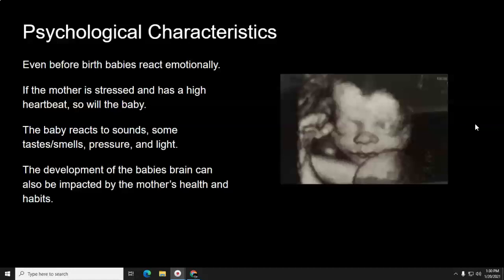When that happens over short times, like if you are startled by something, you're afraid, something exciting is happening, those are little short bits of accelerated heart rate. But when a mother is stressed constantly during a pregnancy, it really can have an effect on the baby and the baby's development.